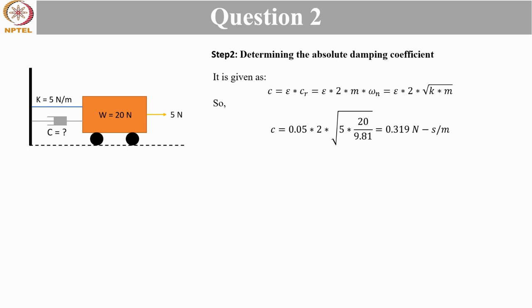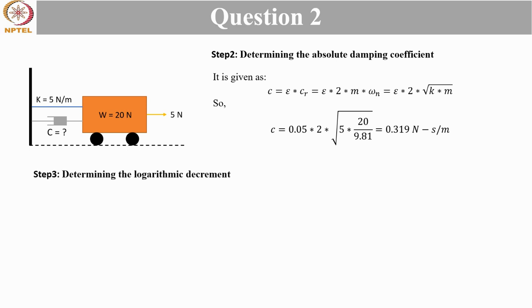The value of epsilon is given, the damping ratio, 5%. So it is 0.05 times 2 times square root of 5 into 20 by 9.81. So it is equal to 0.139 Newton second per meter. So this is the absolute damping coefficient.